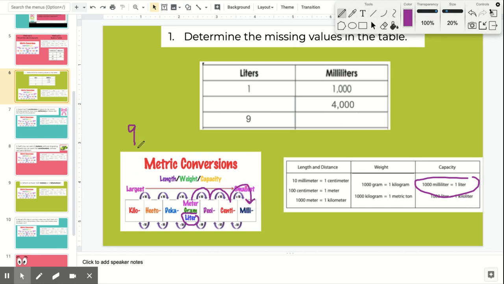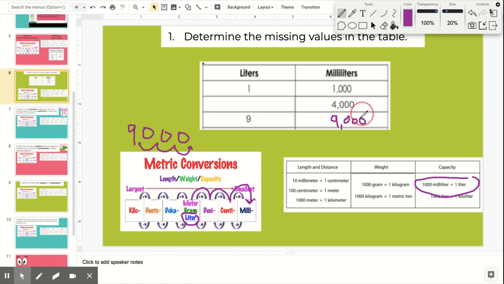So that is the same thing as moving the decimal point 3 times. 1, 2, 3. I fill in my gaps with zeros. So you can see that the amount in milliliters is 9,000.